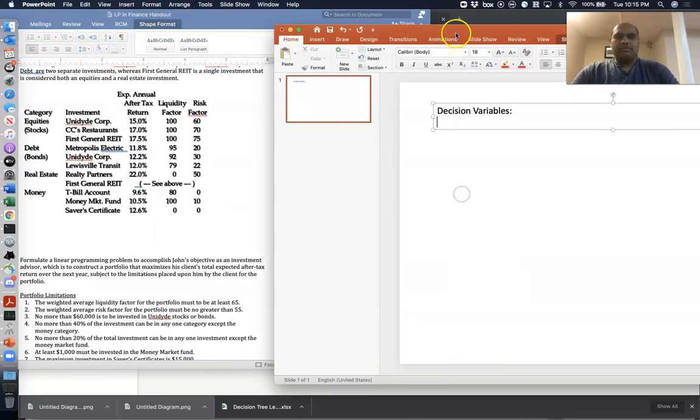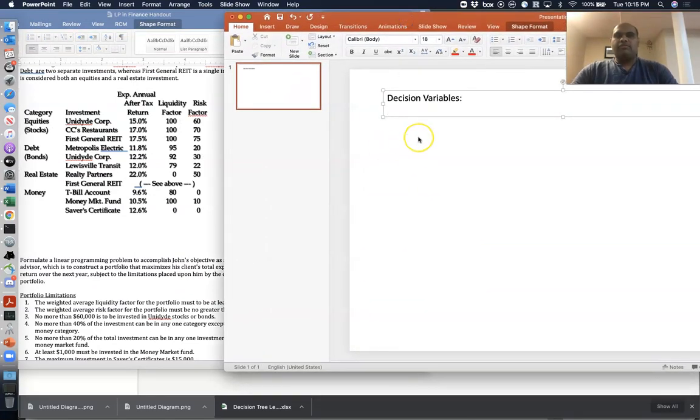So what are my decision variables? I'm going to say UCS for the percentage of investment in Unidad Corp stocks.